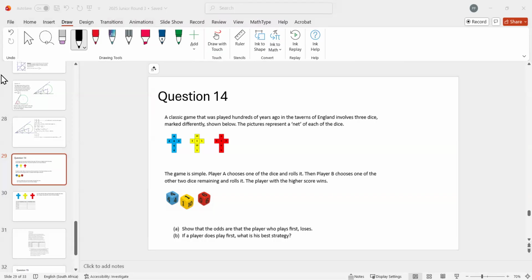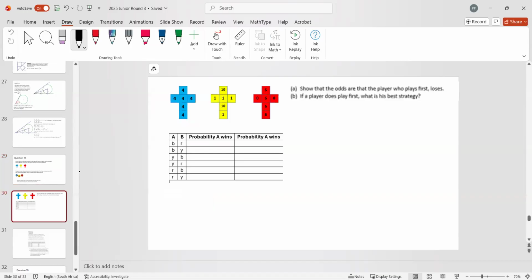It's not difficult to understand what this thing is. So what I want to calculate is, the question is, does the player who plays first lose? Okay, suppose now A plays first. You don't know who they are. Suppose A plays first.